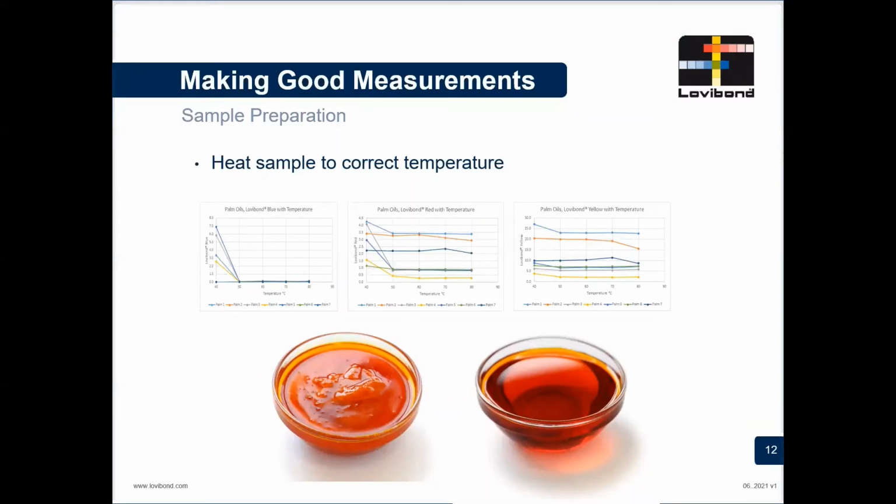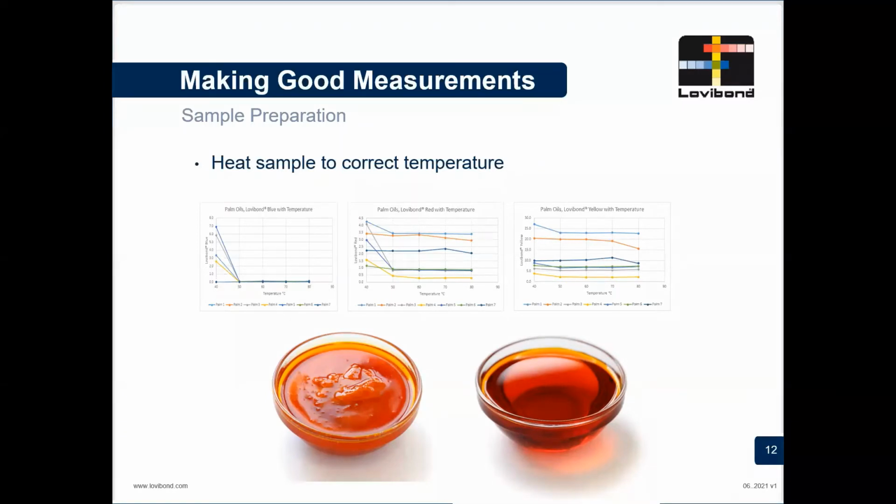Now I can see here, if we move on to the red and the yellow graphs, that we also need sometimes to push the temperature up to maybe 60 degrees or even 70 or 80 degrees. And you can see that for some of the samples in the graph, the lines are nice and flat above 60 degrees, but for some of them they then go down again once you get up to 80 degrees. This is because the palm oil is made up of many different fractions of oil.